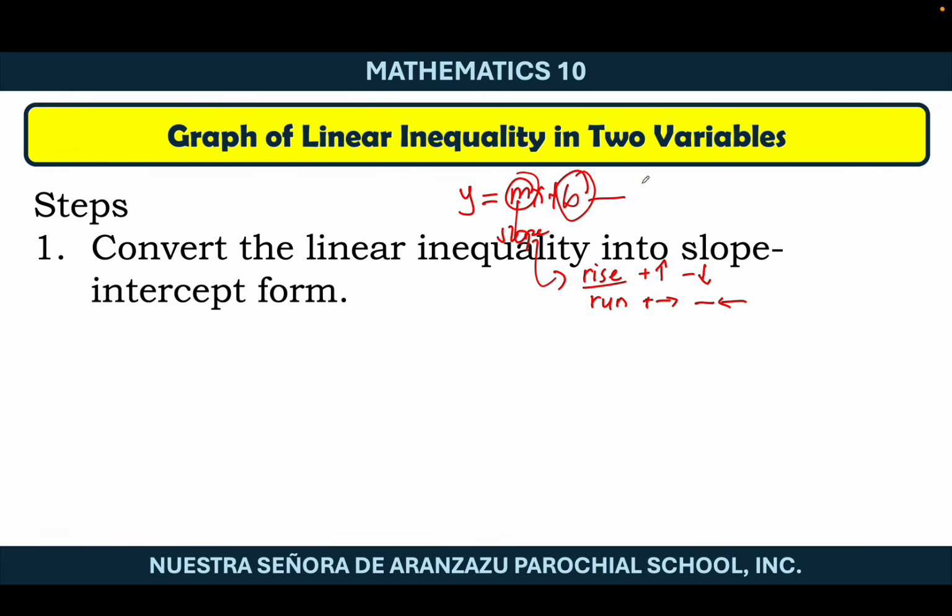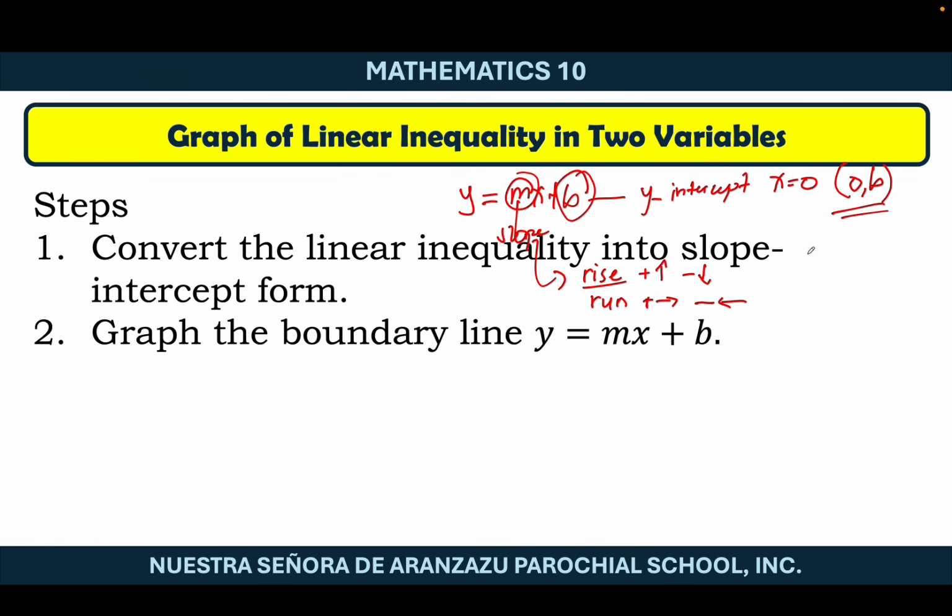Then b represents the y-intercept. The y-intercept is the point that touches the y-axis, and we let x equal 0. So the y-intercept is always the ordered pair (0, b), where b is the value of b here. That represents the y-intercept.